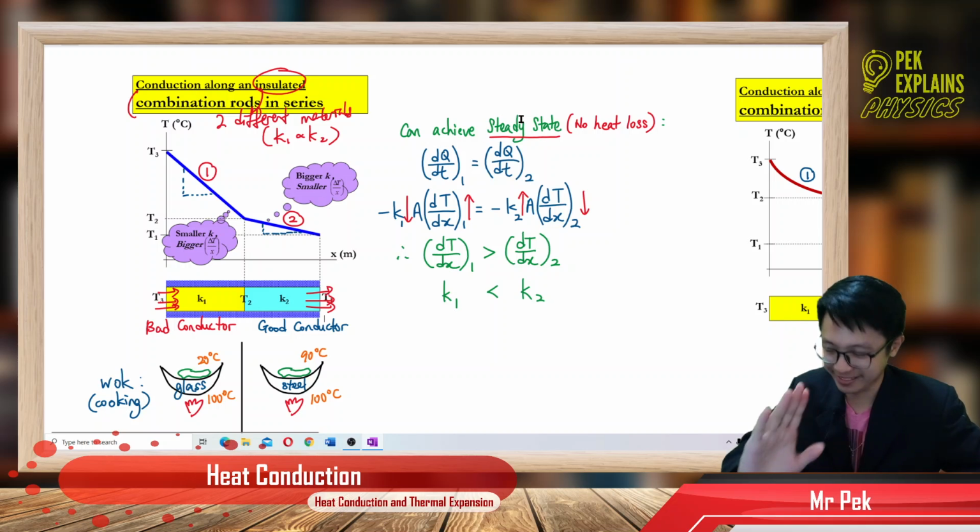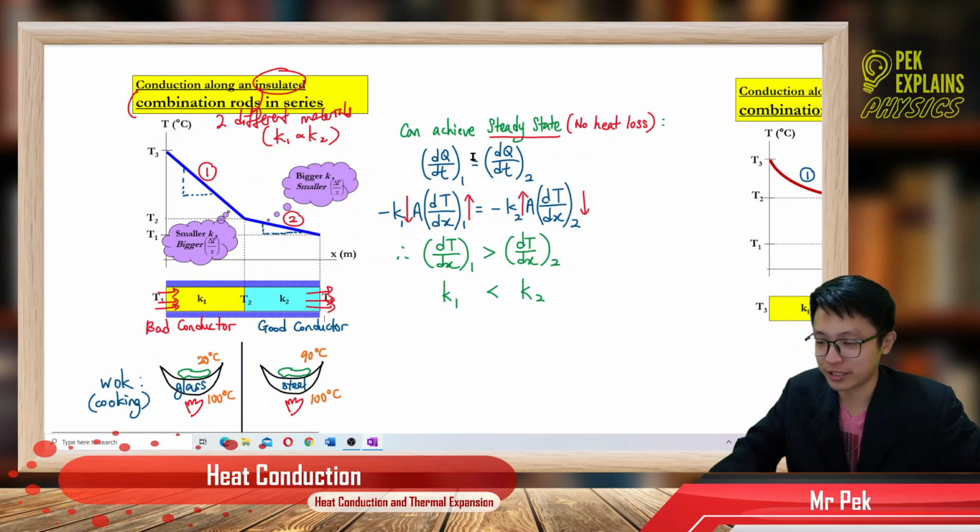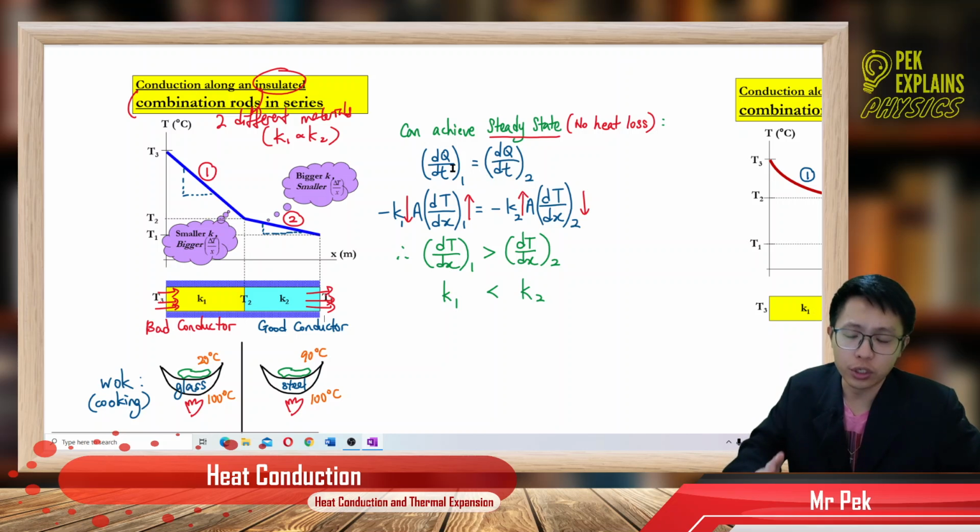A lot of explanation, I'm sorry, but I have to explain this so that you can understand. Now dQ/dt, I substitute with the formula negative K A dT/dx for both. As we know, these two rods are different material, so the K is different, K1 and K2.